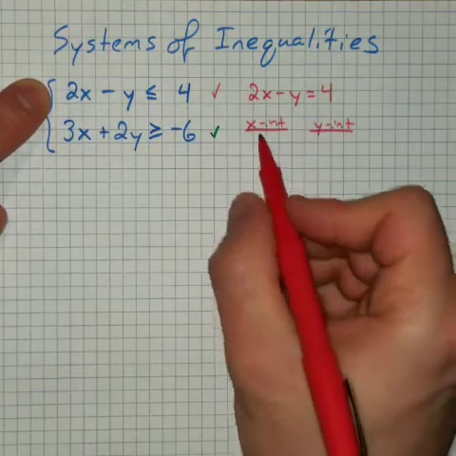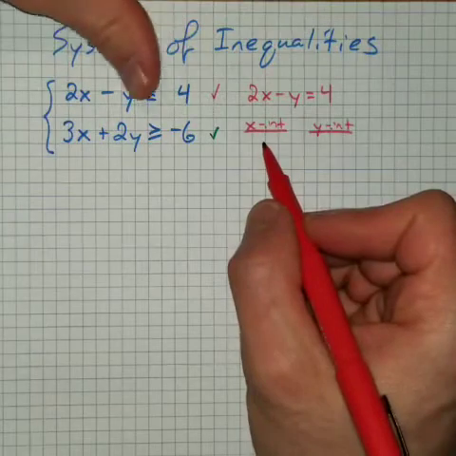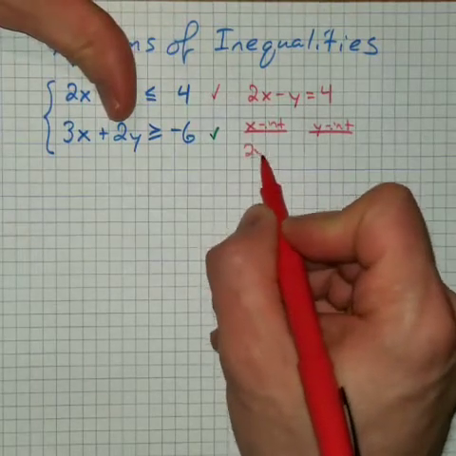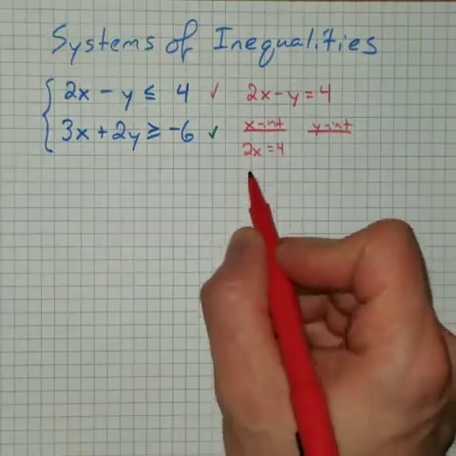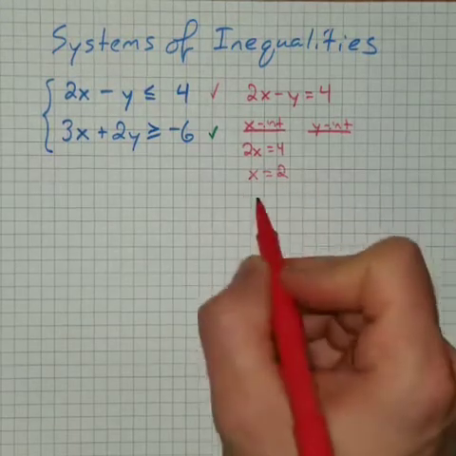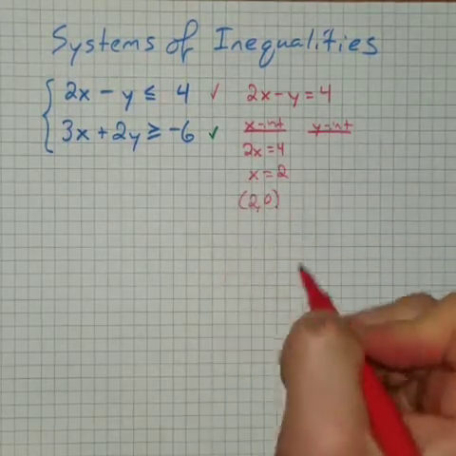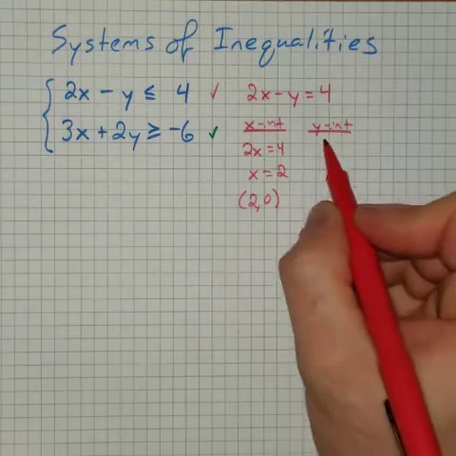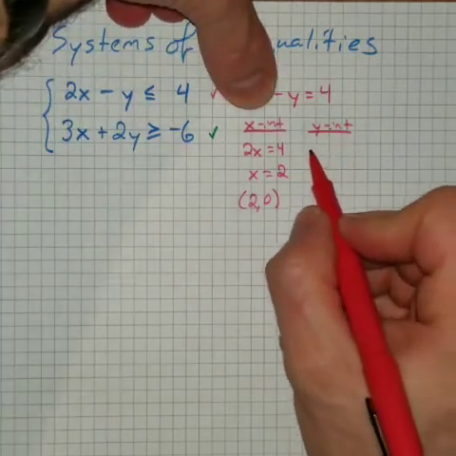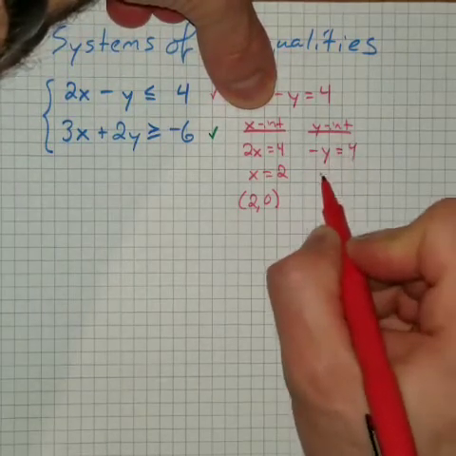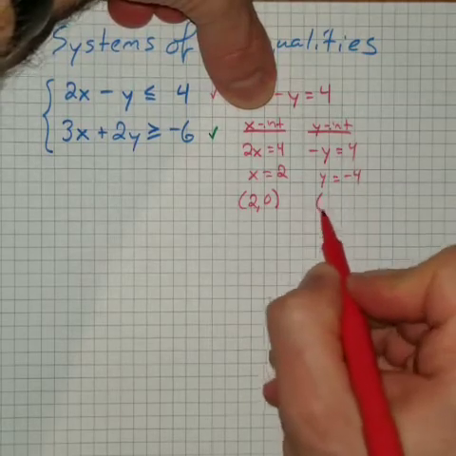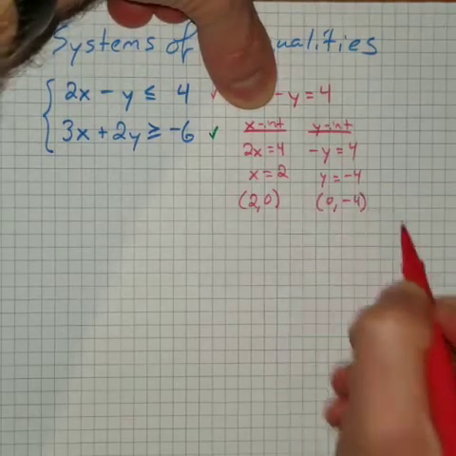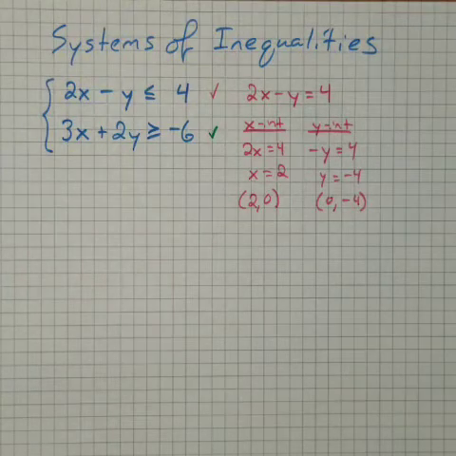The x-intercept is when y is 0. That gives me 2x equals 4. When I solve that, divide out the 2, you get 2. So that's (2, 0). The y-intercept is when the x value is 0, you get negative y equals 4, or y equals negative 4. So (0, -4) is on that graph.